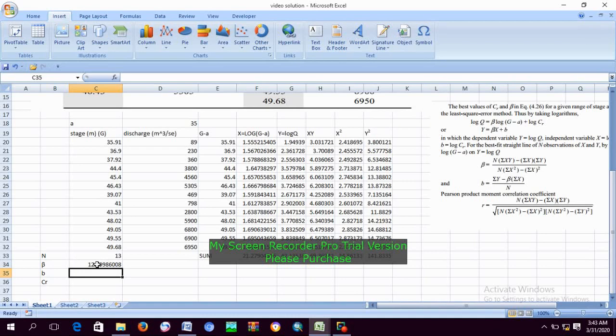This is the beta value. We can check the value.